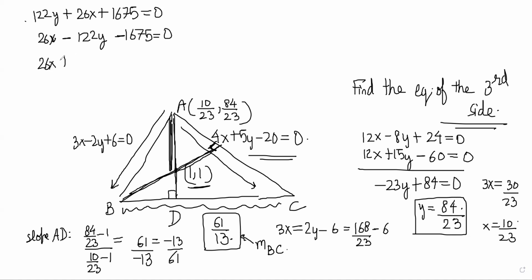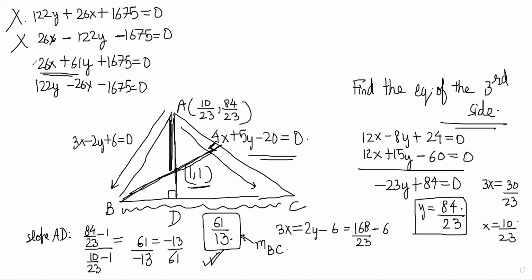Then you have 26x plus 61y plus 1675 is 0. And fourth option is 122y minus 26x minus 1675 is 0. So all the options are very close, but the slope of our line has to be 61 by 13. It has to be a positive slope, right? So this is gone. This slope is minus 26 by 122. This is also wrong. This slope is minus 26 by 61, which is also wrong. And this slope is 26 by 122, right?